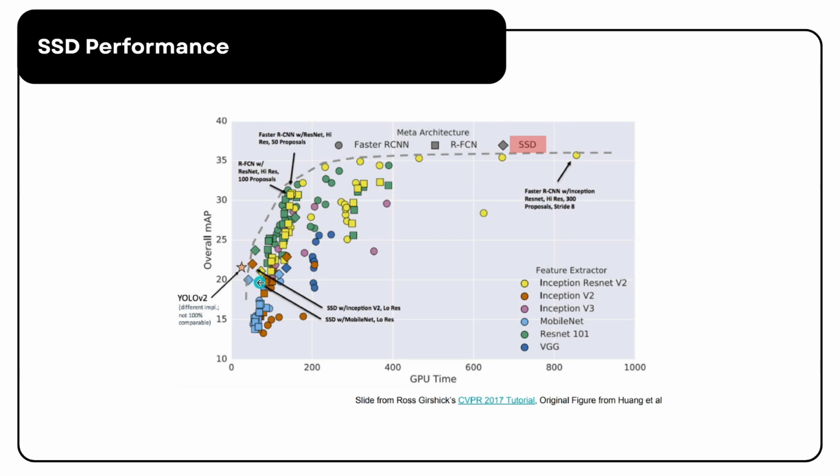So SSD really occupies a sweet spot between performance and precision. The takeaway from this chart is that SSD is not the most accurate, but it offers one of the best trade-offs between speed and accuracy, especially when computational resources are limited.